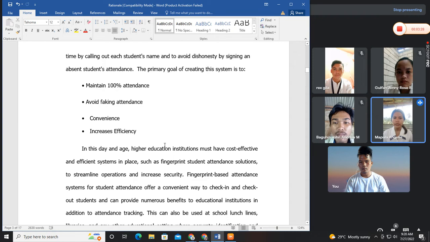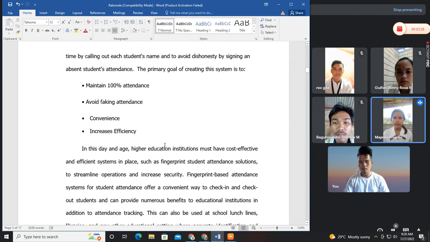In this day and age, higher education institutions must have cost-effective and efficient systems in place, such as fingerprint student attendance solutions, to streamline operations and increase security. Our fingerprint-based attendance system offers a convenient way to check in and check out students and can provide numerous benefits to educational institutions in addition to attendance tracking.